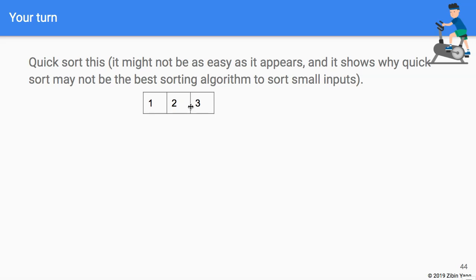And I hope you don't skip this, because it might not be as easy or simple as it might first appear, and it also hopefully shows you why quicksort is actually not the best sorting algorithm if the input is small. So please go ahead and give this a try.